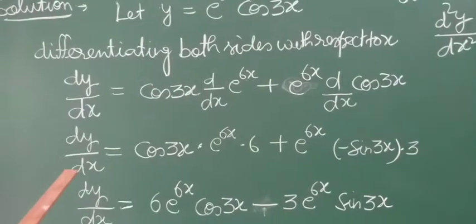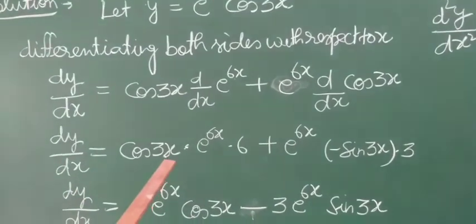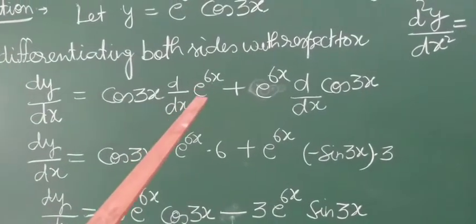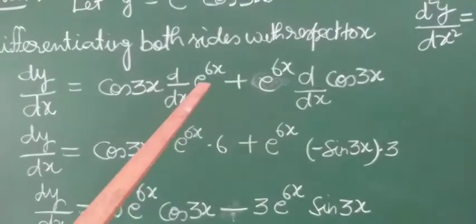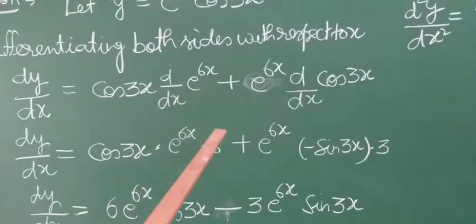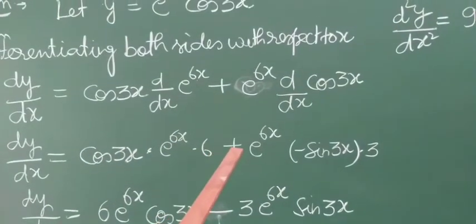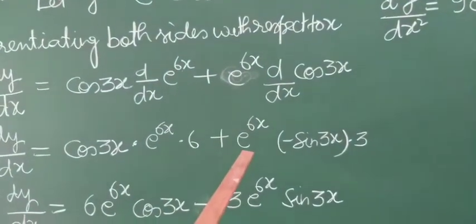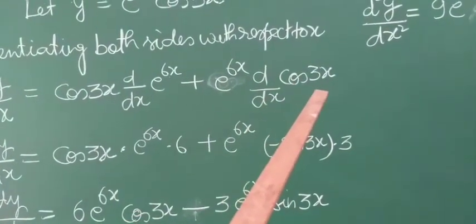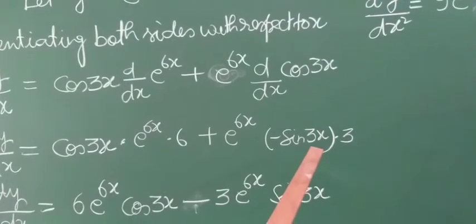Now students, dy by dx equals cos 3x times the derivative of e to the power 6x, e to the power 6x. Now the derivative of 6x is 6, plus e to the power 6x as it is, the derivative of cos 3x is minus sin 3x.